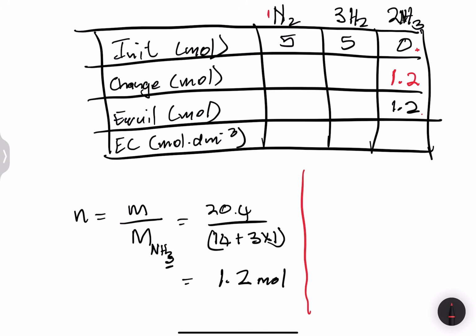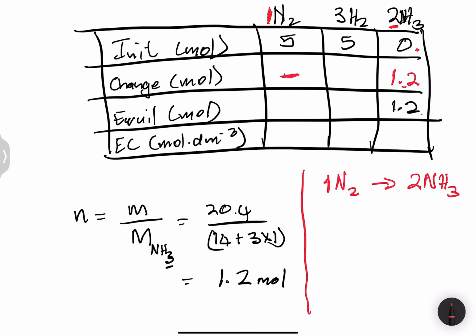So for every 1 mole of nitrogen, I get 2 moles of ammonia. Now, why am I using nitrogen and ammonia? Because I want the moles of nitrogen and I already have the moles of ammonia.